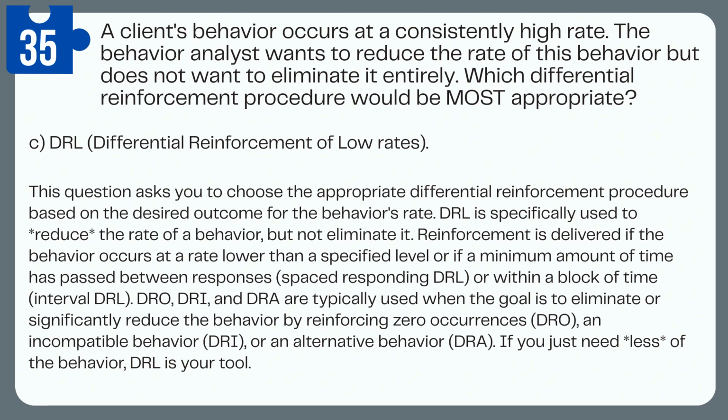Spaced responding DRL, or within a block of time, interval DRL. DRO, DRI, and DRA are typically used when the goal is to eliminate or significantly reduce the behavior by reinforcing zero occurrences, other behavior, DRO, an incompatible behavior, DRI, or an alternative behavior, DRA. If you just need less of the behavior, DRL is your tool.